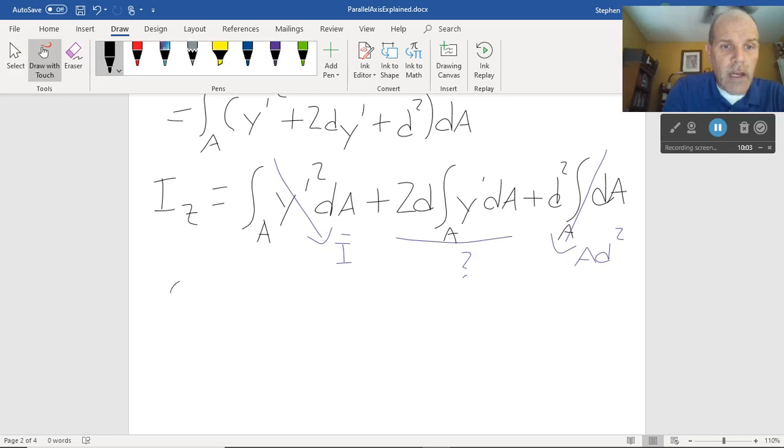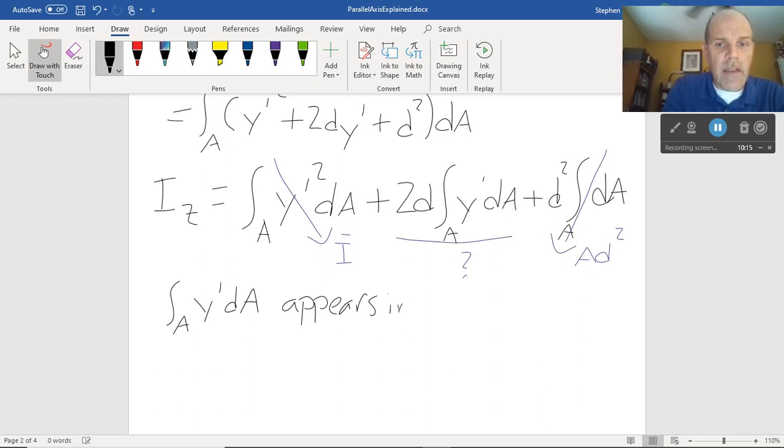So the integral over the area of y prime dA, you may have seen it before. It actually has an appearance in the centroid equation. And we're going to use that to our advantage, which is why it's important to note that this is true.